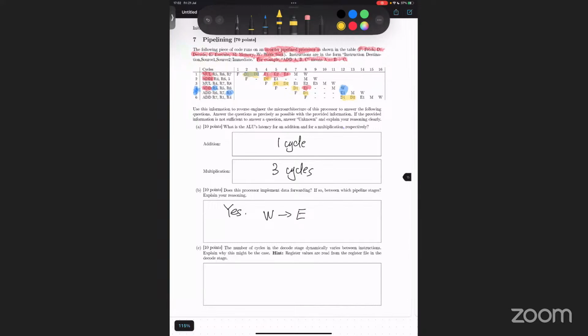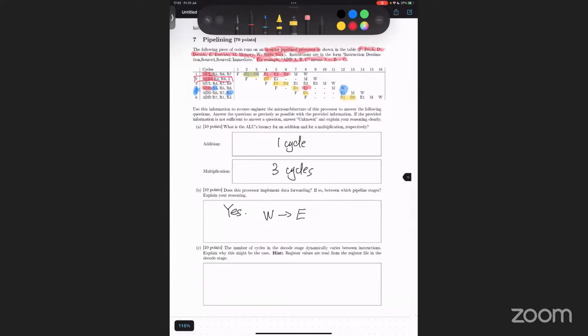One possible explanation for this is that we have up to 2 operands that come from the register file, so it takes more cycles to read both operands from the register file. We can also verify this hypothesis by taking a look at instruction 2.